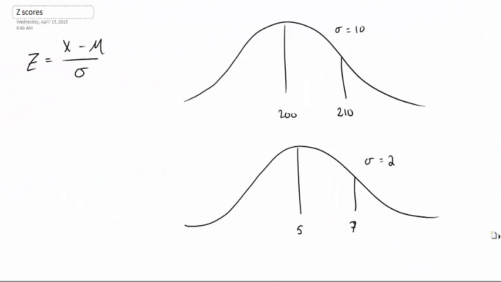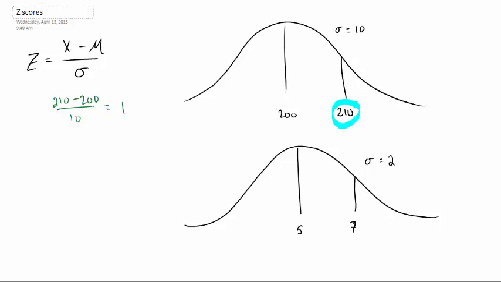Next thing to look at is something called a z-score. A z-score is found by taking a data value minus the mean divided by the standard deviation. So, for instance, if I want a z-score for 210, I would do 210 minus 200 divided by 10, and I get 1.